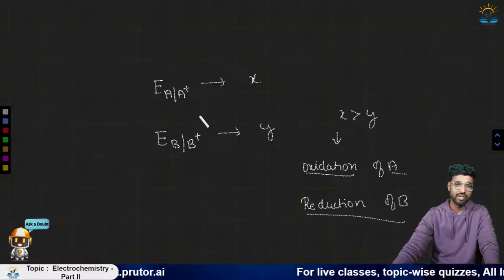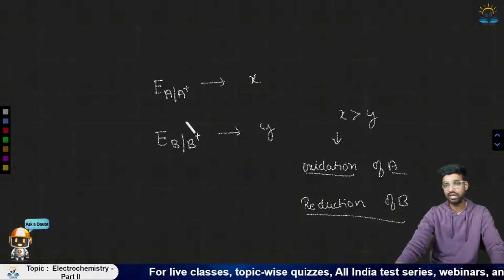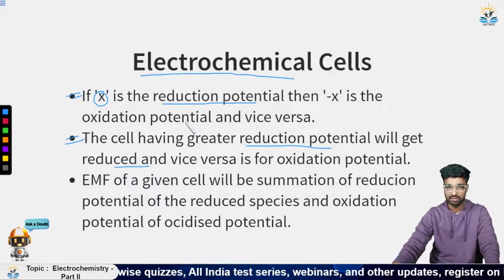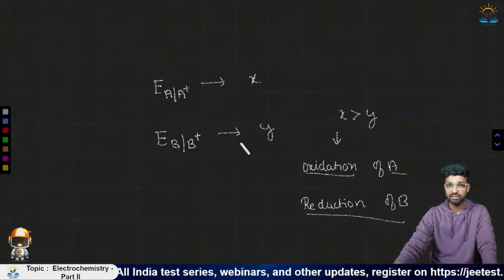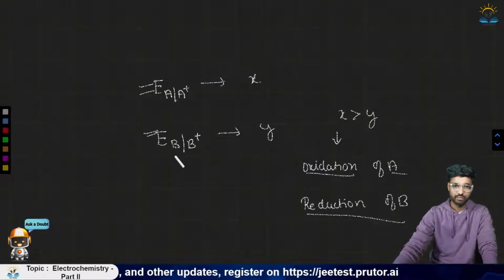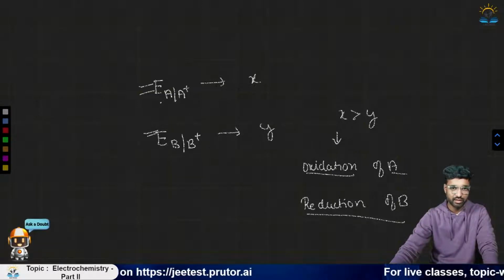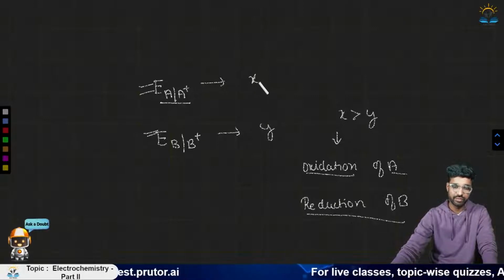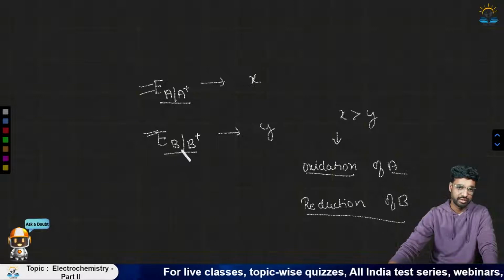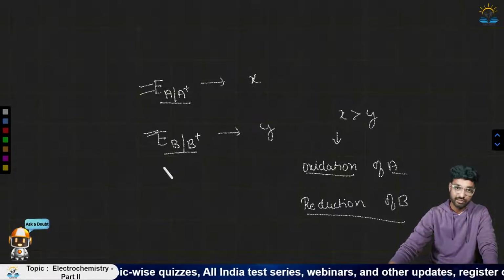Now suppose we have a galvanic cell which consists of A and B, and you are set to calculate the EMF of this. So how you will calculate is that you will take simply the summation of both these things. Now the thing that you have to make the difference is that since this is going under reduction, you will keep its sign the same, but since this is undergoing oxidation, and this is the reduction potential, you need the oxidation potential here.